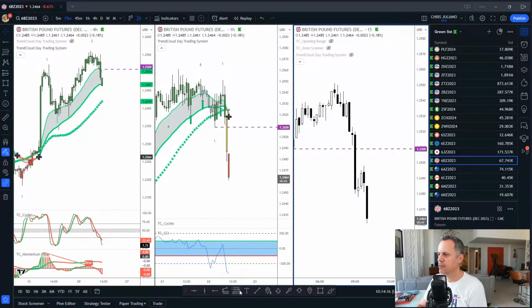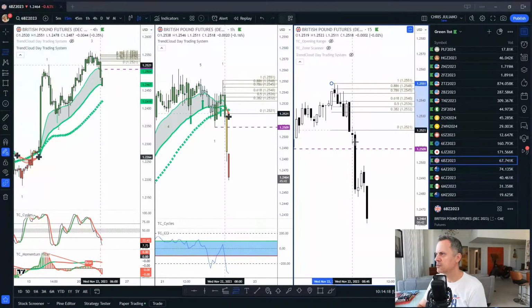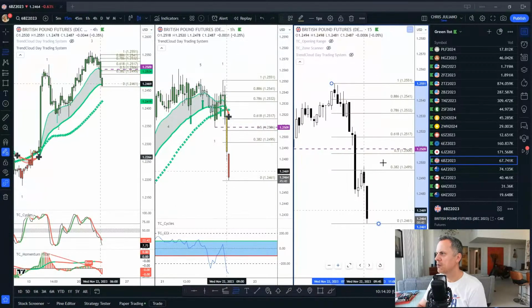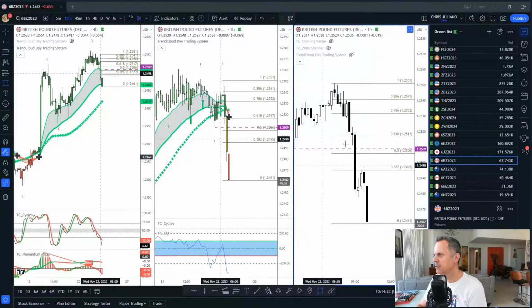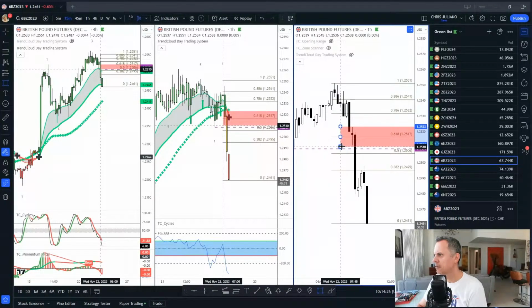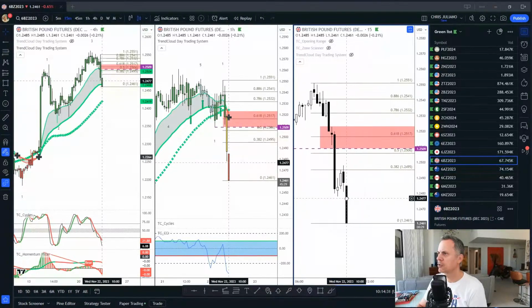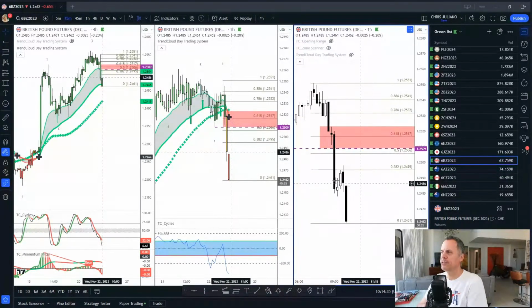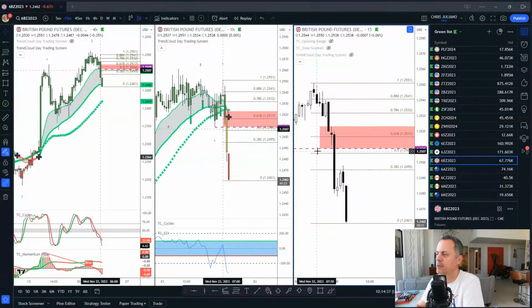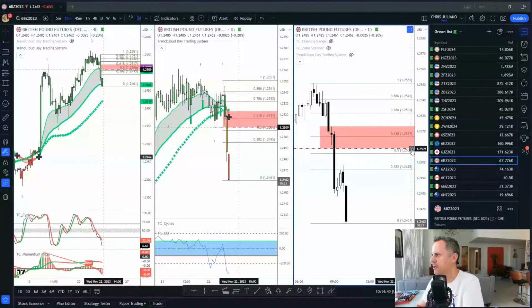And if we use our Fibonacci extension tool, swing high to swing low, we've got a 618 retracement level right in the middle there. So this area right here looks very good for another move down on the British pound. Okay, what's that going to cost us?